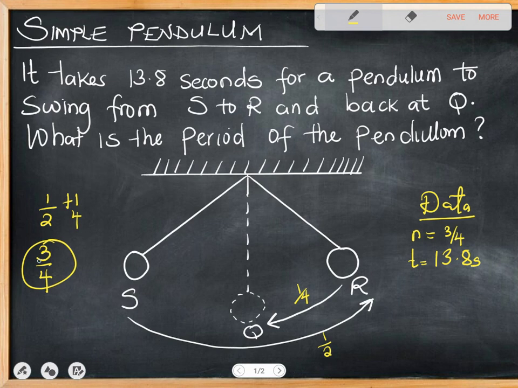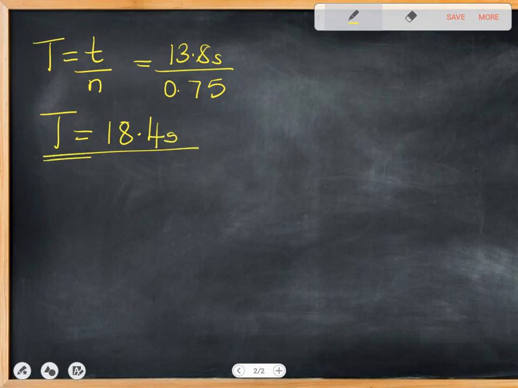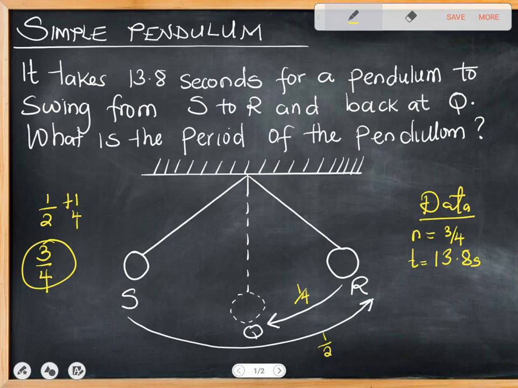I just divided this to give us a decimal number, such that we can now divide the two, and the period is giving me 18.4. As I read seconds, small letter s, please, not capital letter S, but small letter s. Yeah, eventually that is what this question wanted you to do.